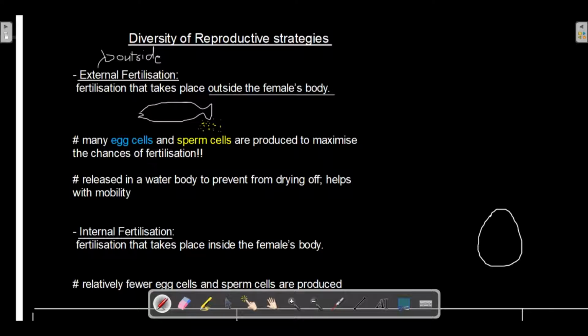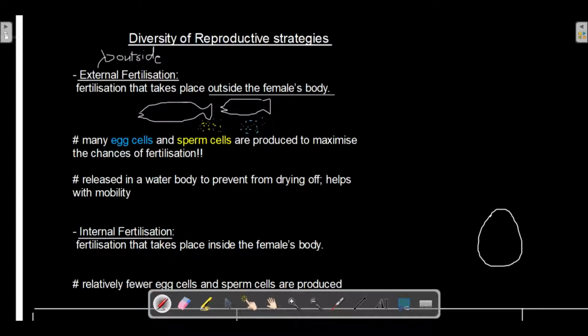Okay, and then you also have a female fish, which will also do the same, but of course it will produce egg cells in the water, so it's outside of this female organism, so outside of the body of the female organism.